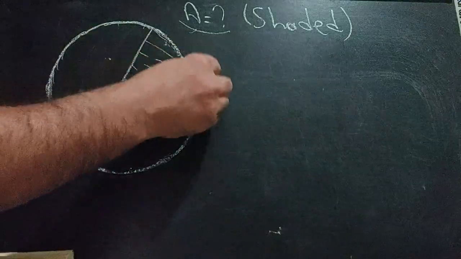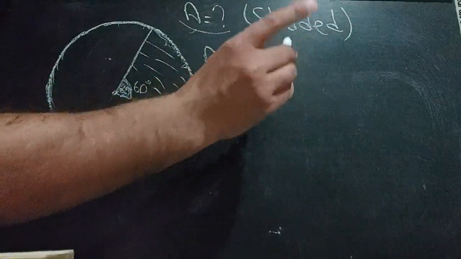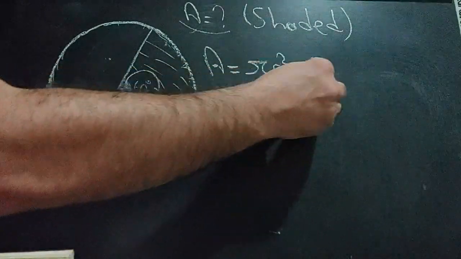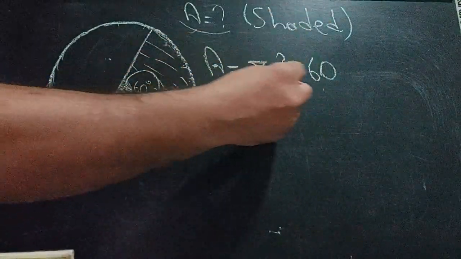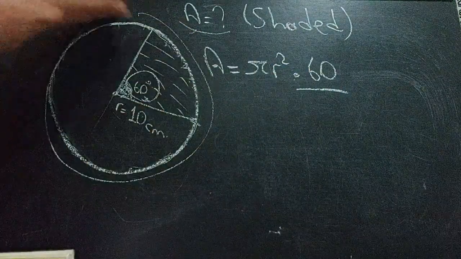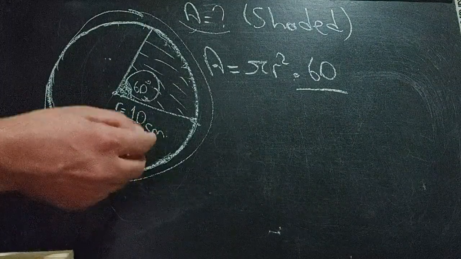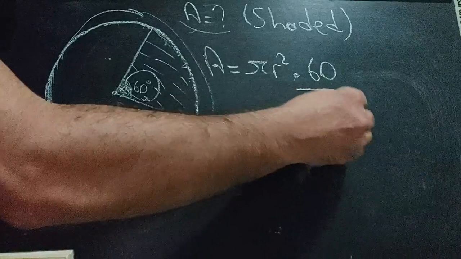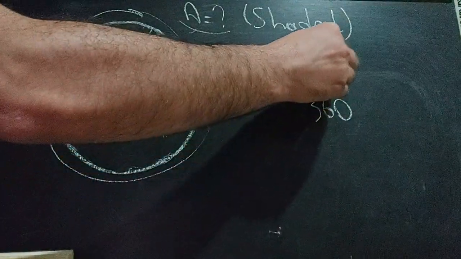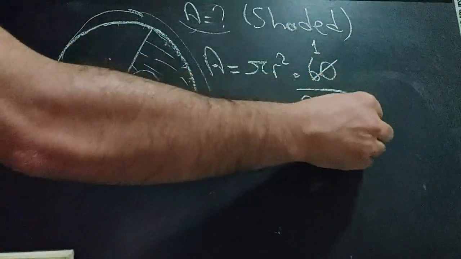So at that time you do like this, pi r square times this degree, doesn't matter what you have, over, so all around this one is full revolution, which is 360 degrees, 360.